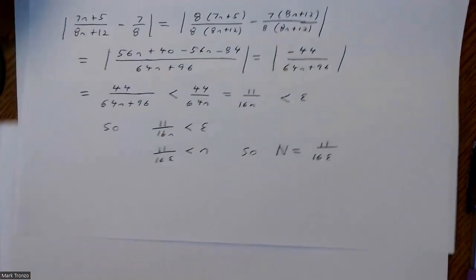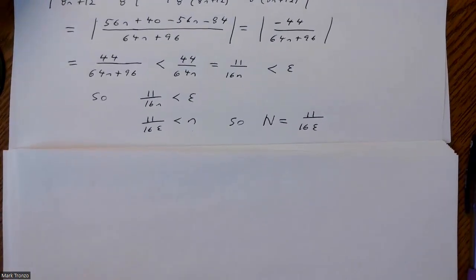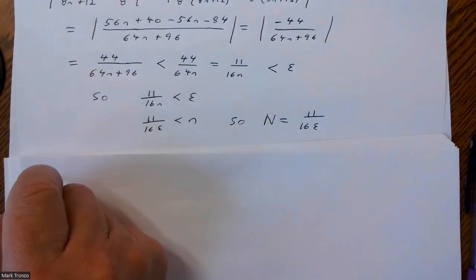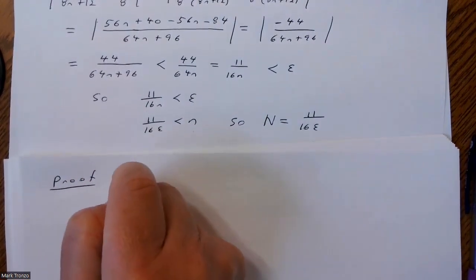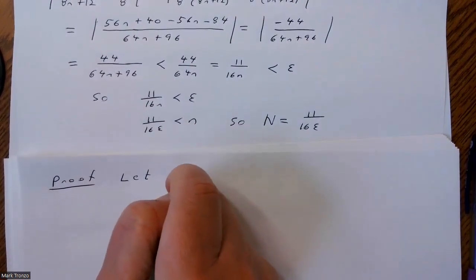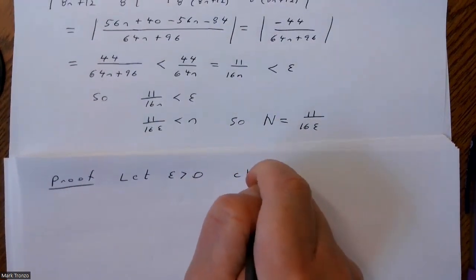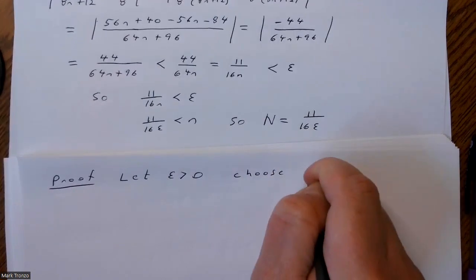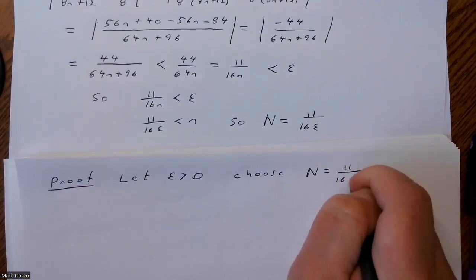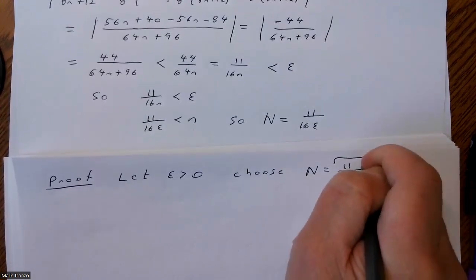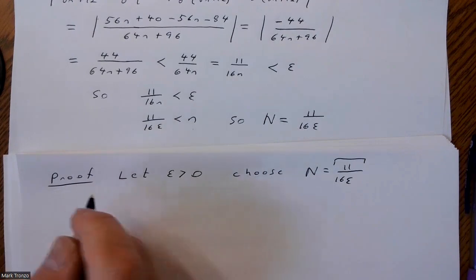Then when you actually do your proof, let epsilon be greater than 0. Choose our N, and like I said, at some point, probably right here, put the little hat on to say it's going to the next higher one.